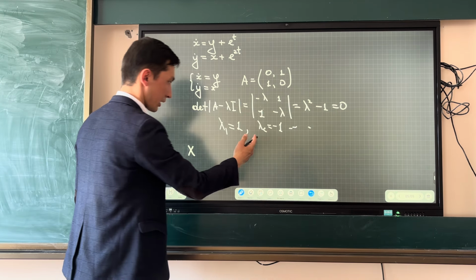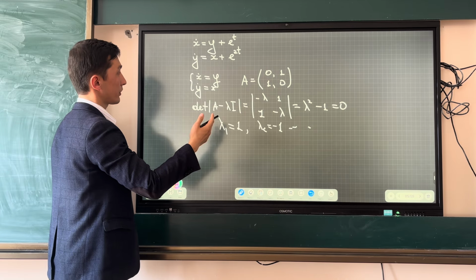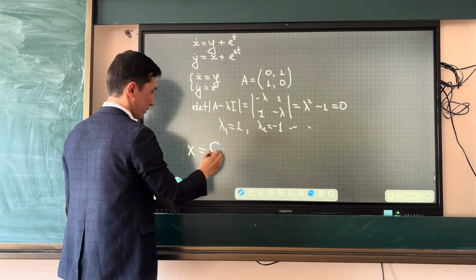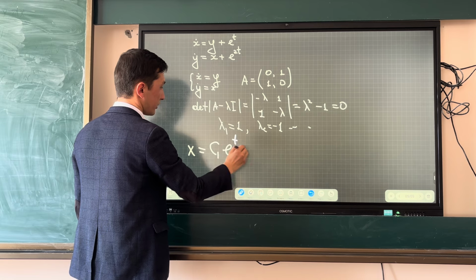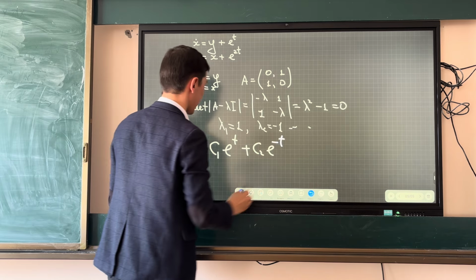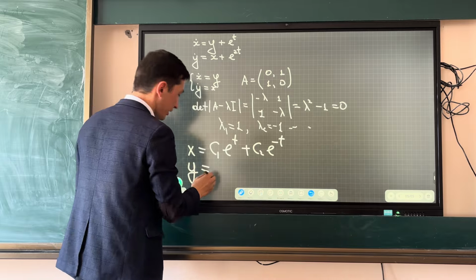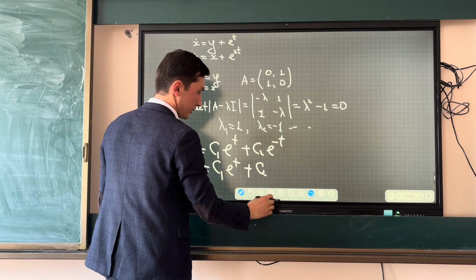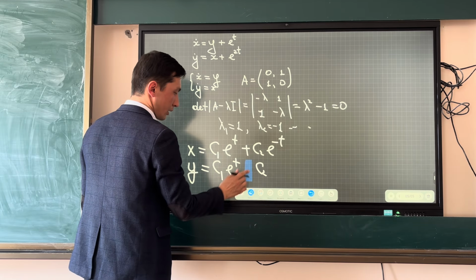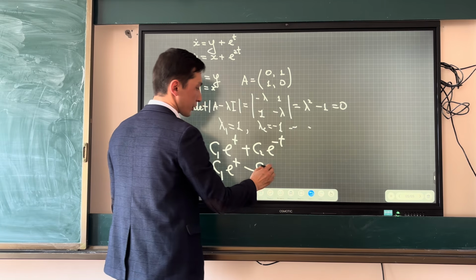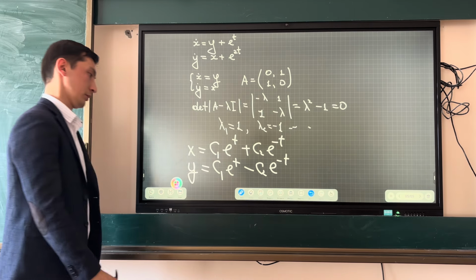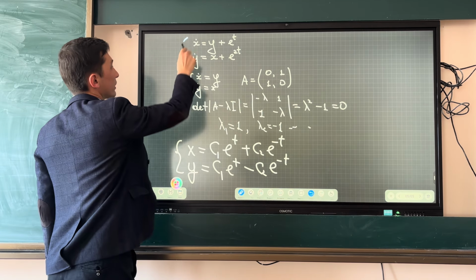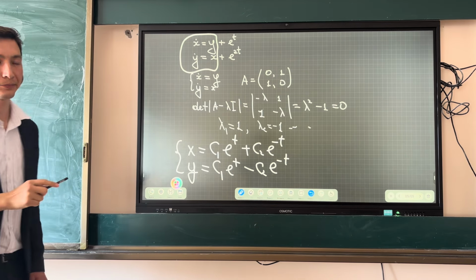Using these characteristic numbers, we can find the general solution of the homogeneous system: x equals c1 e to the power of t plus c2 e to the power of minus t, and y equals c1 e to the power of t minus c2 e to the power of minus t. This is a solution of this part of the system.